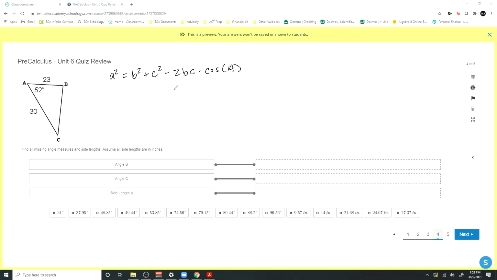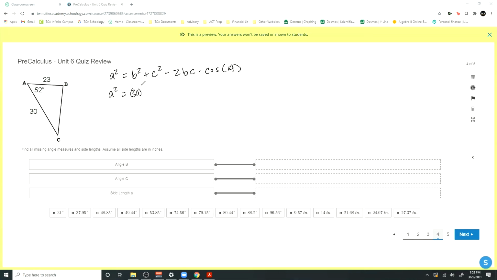If you remember from the actual lesson, we said an easy way to remember this is what letter you start with, that's the same letter that you end with. So a squared, cosine of A. Everything in the middle, those are going to be the other two. So B and C in this case. Let's fill in what we know. B is 30.